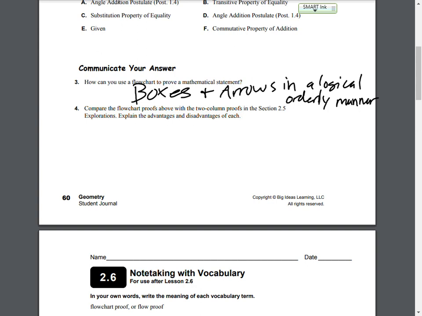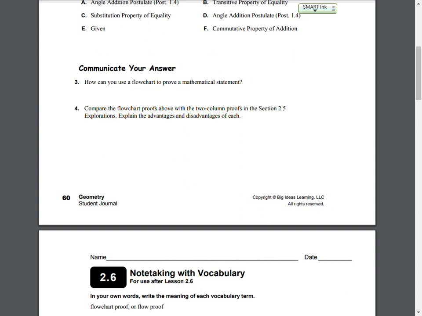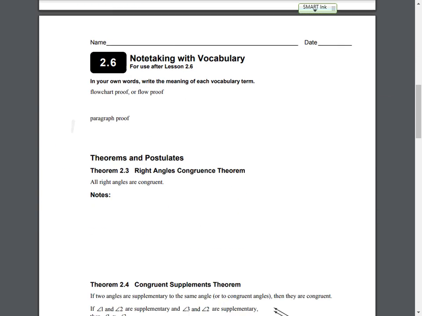And two column proofs have a uniform, predictable shape and style. Each statement right below the previous one allows for easy comparison. You guys can see the difference. I'm not going to be too picky on what you write there.